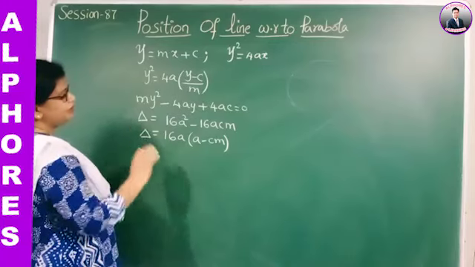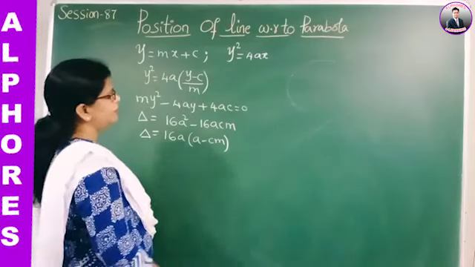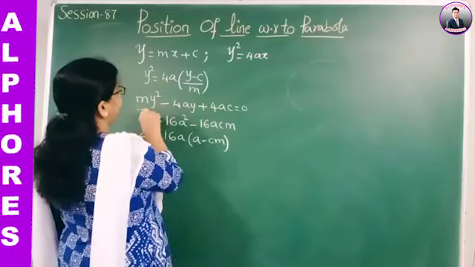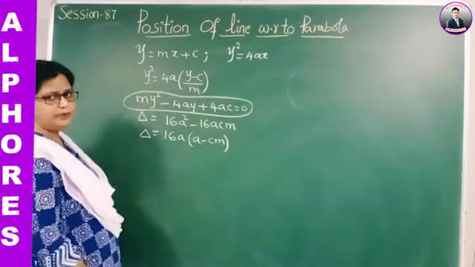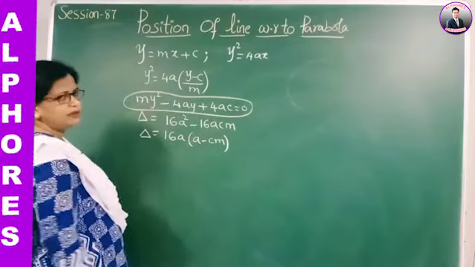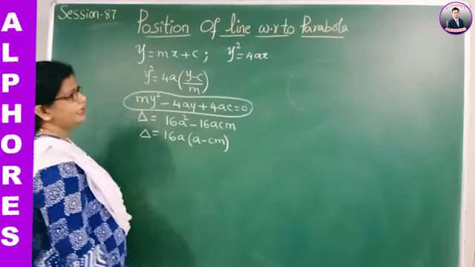And once you have the discriminant value, you know the quadratic equations concept very well. Whenever any quadratic equation has two distinct real roots, then the discriminant value is strictly greater than 0.